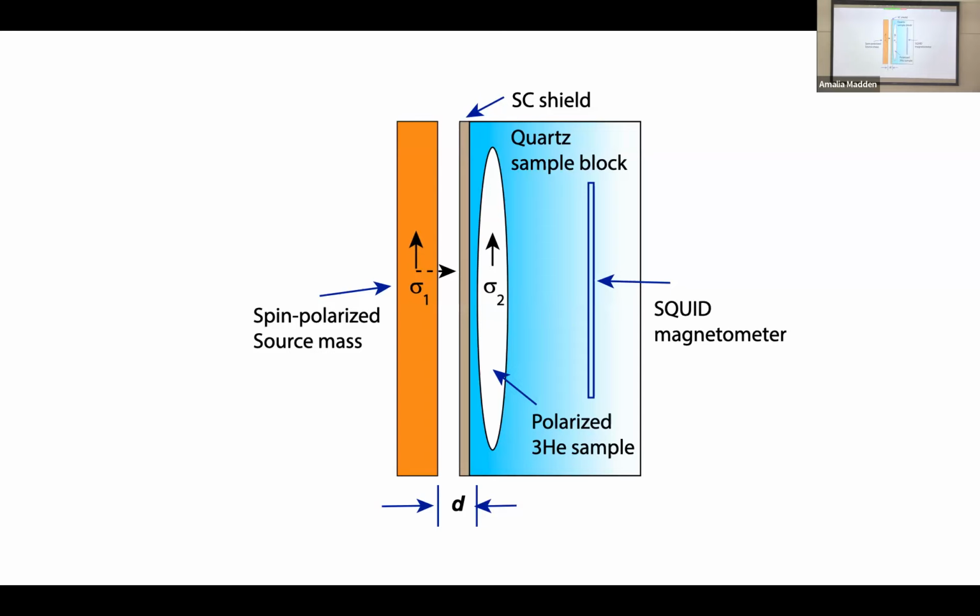Now, this is an NMR kind of experiment. So this source mass here, we would put on a linear stage. It would go back and forth like this. I still need to animate this slide. And it would do that back and forth motion at the Larmor frequency of these spin samples.